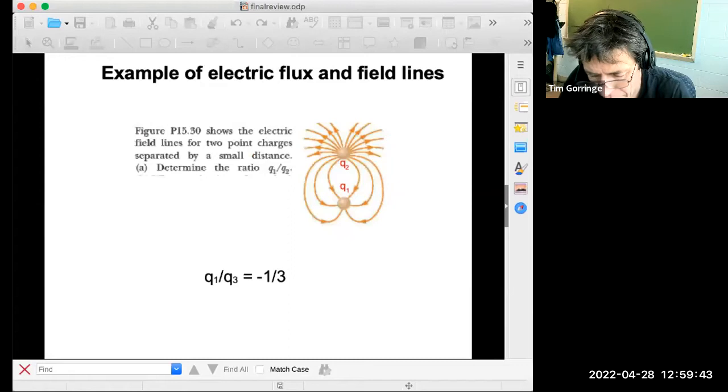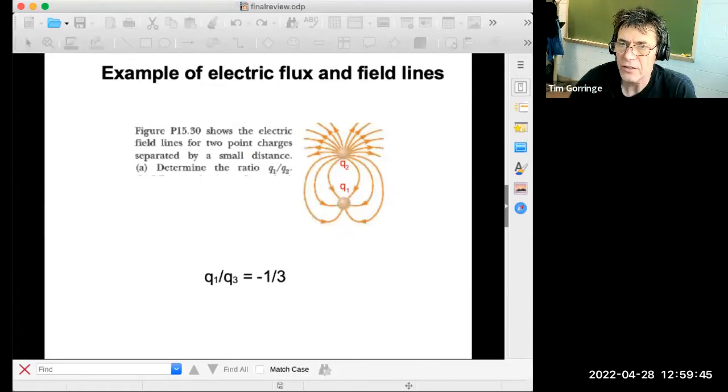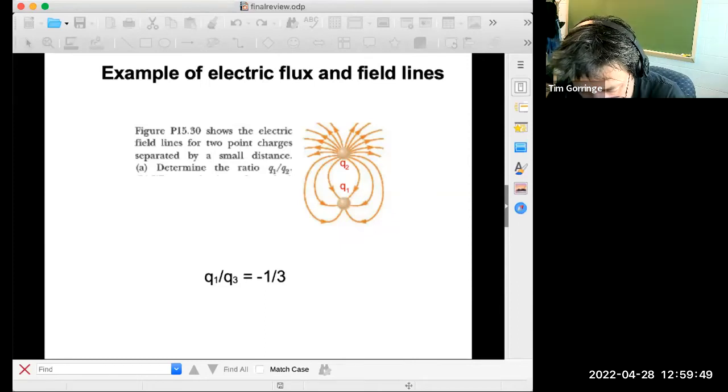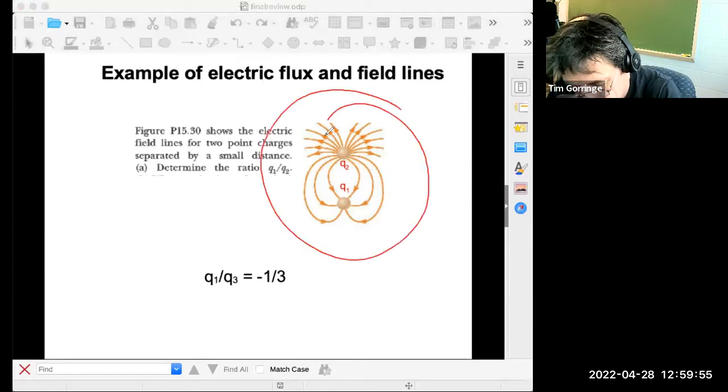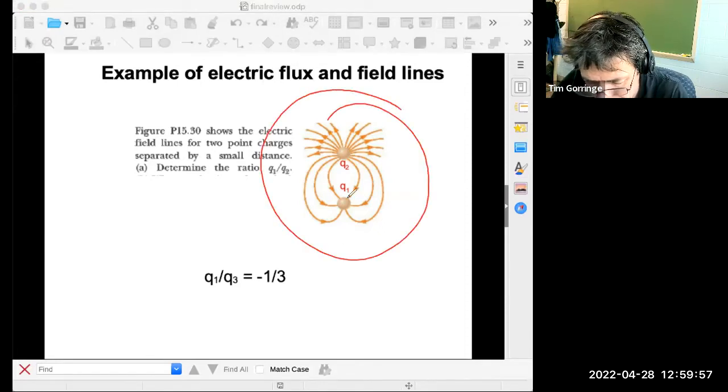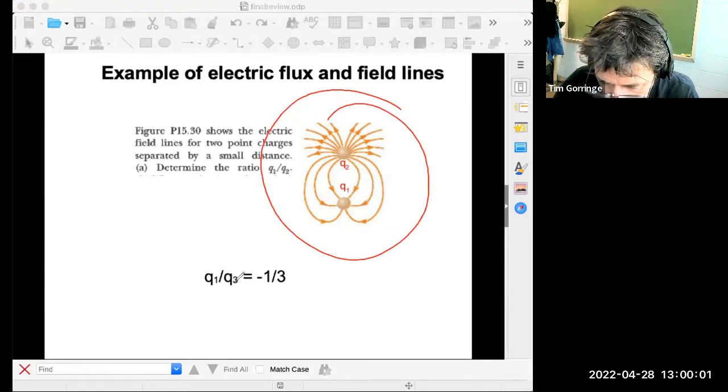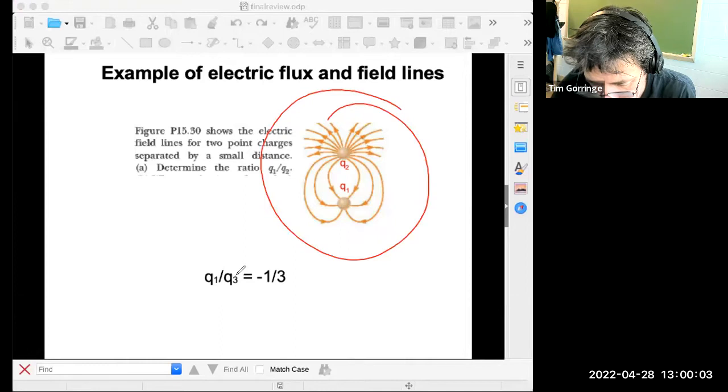Here's an example of electrical flux and electrical field lines. So in this question, we're asked to look at this sketch over here on the right-hand side of an arrangement of two charges. So it's Q1 and Q2. I don't know why I wrote Q3 here, but anyway.